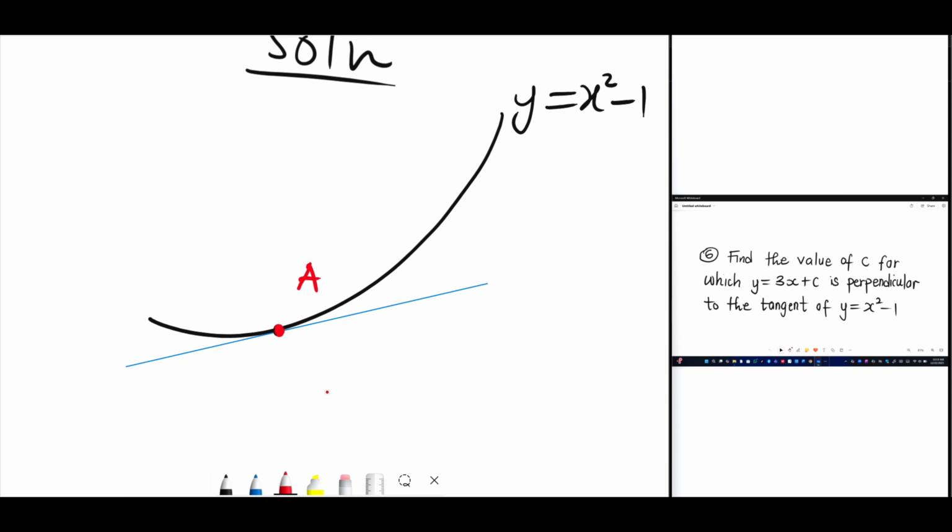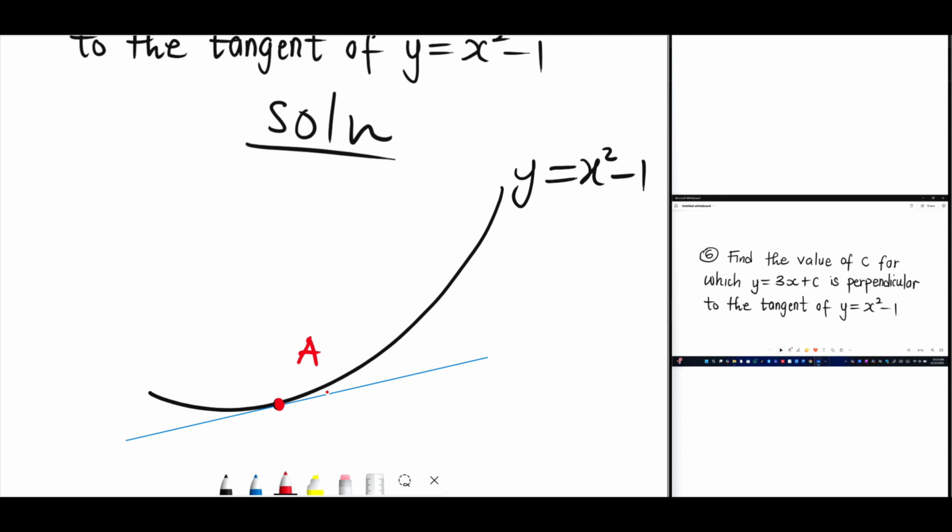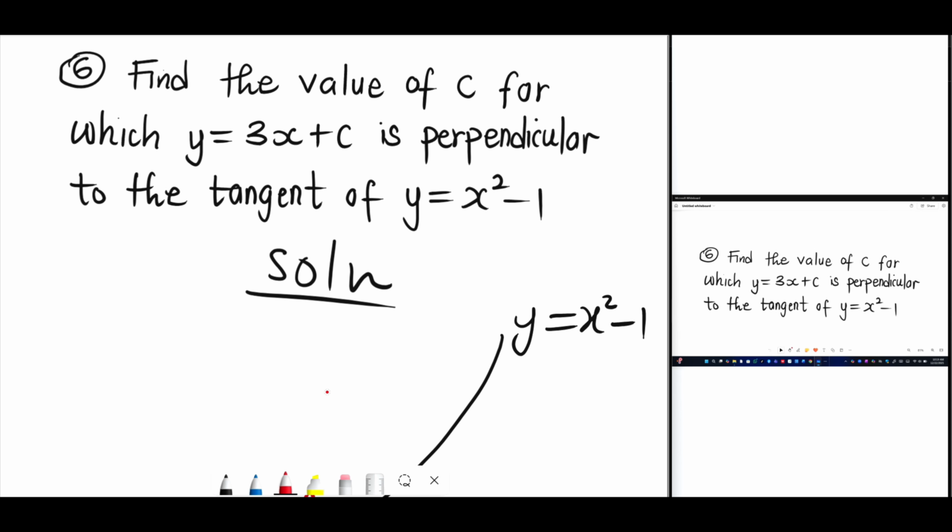Now they are saying that this tangent has a line. There's another line here, this particular line. This is a straight line because it's a linear function. So this function is perpendicular to the tangent of the curve.